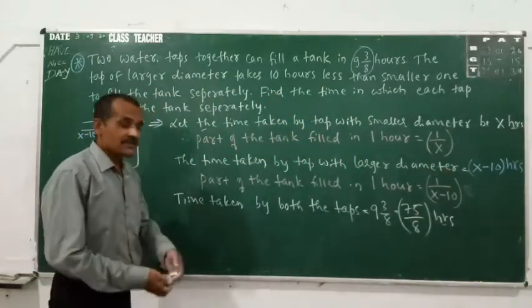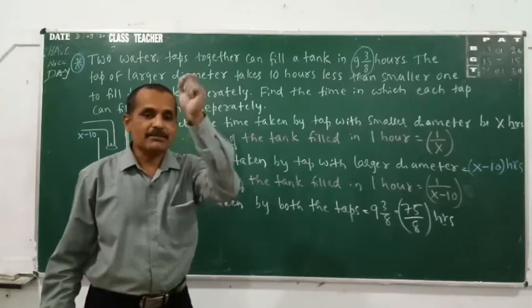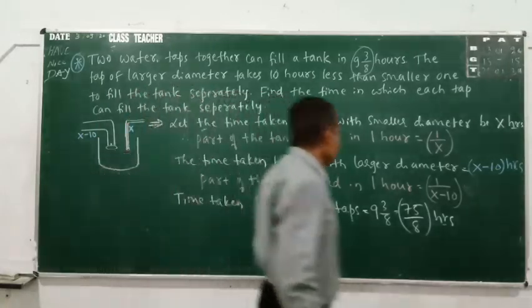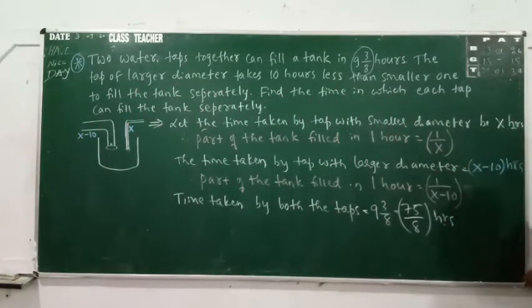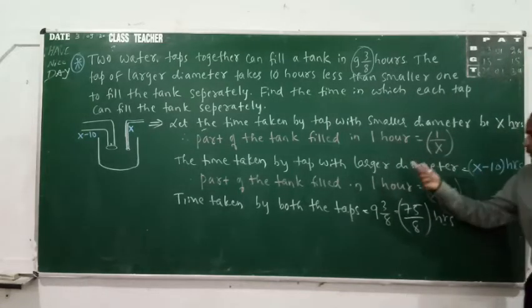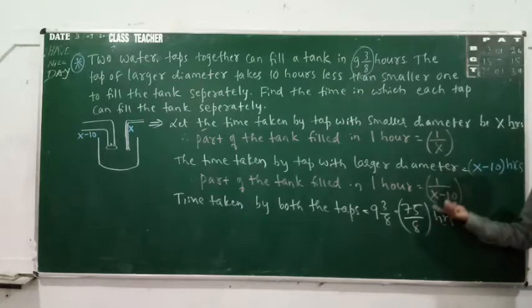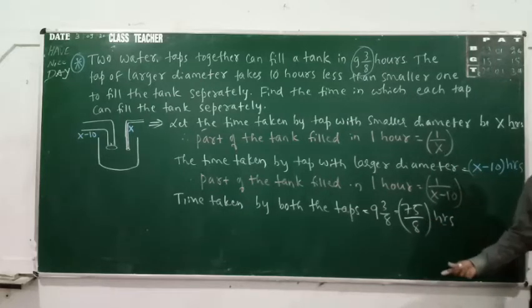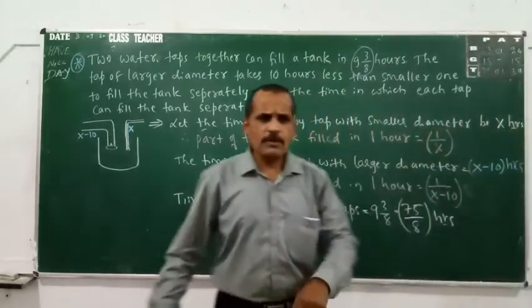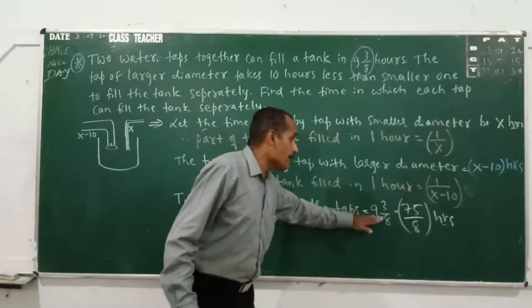Now, many of the students make a mistake. What will they write? 1 by x, the small tap's part, plus 1 by x minus 10 is equal to 75 by 8, and the problem goes wrong. Why is it wrong? See, this is the time taken by both taps.